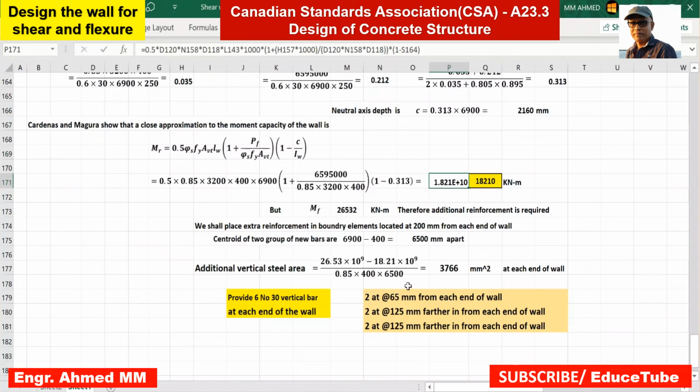So for this part, additional vertical steel area we have to calculate. So what we will do, additional vertical steel area we shall calculate, already we know this one minus this to get the difference, divided by 0.85.